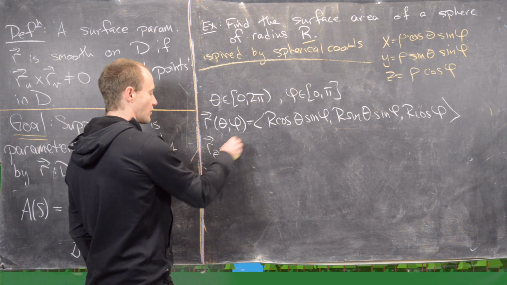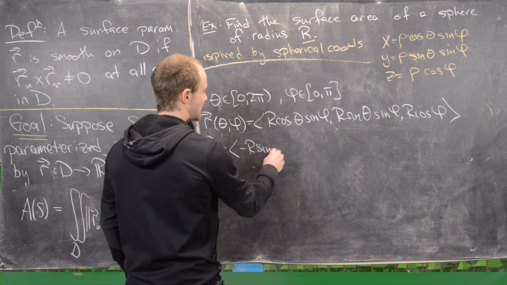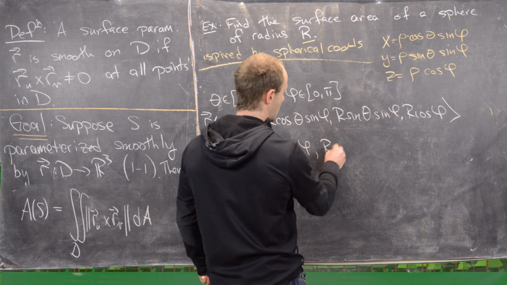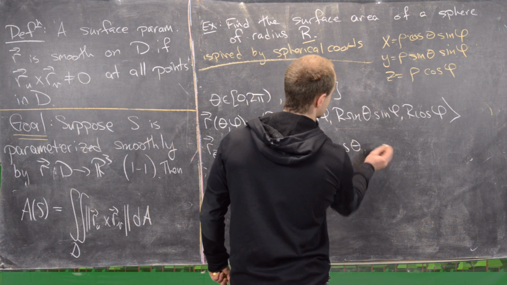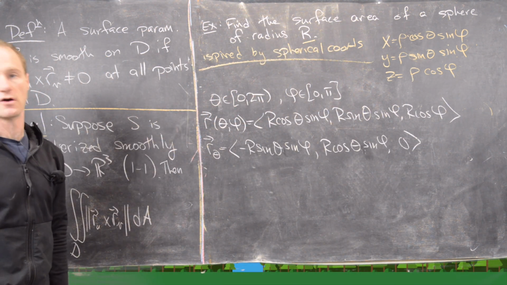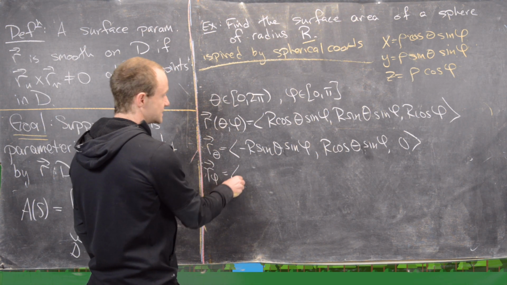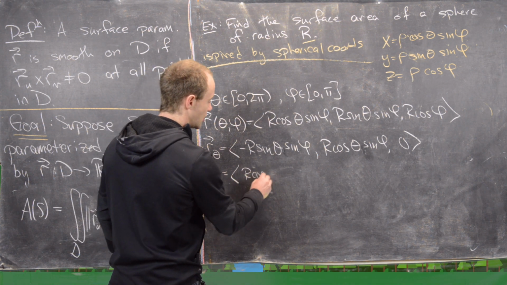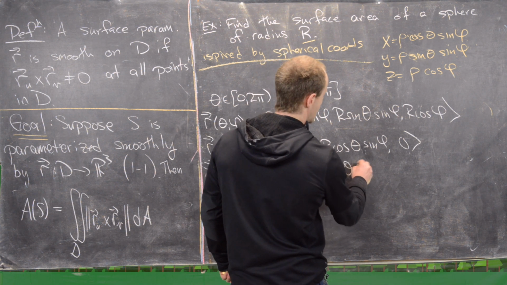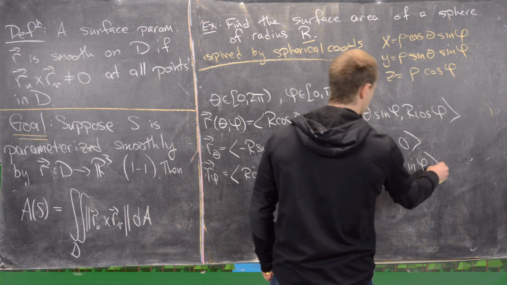The derivative of r with respect to theta is going to be minus r sine theta sine phi, then r cosine theta sine phi, and then 0, because there's no theta over there. And then r_phi is going to be equal to r cos theta cos phi, r sine theta cos phi, and then finally minus r sine phi.